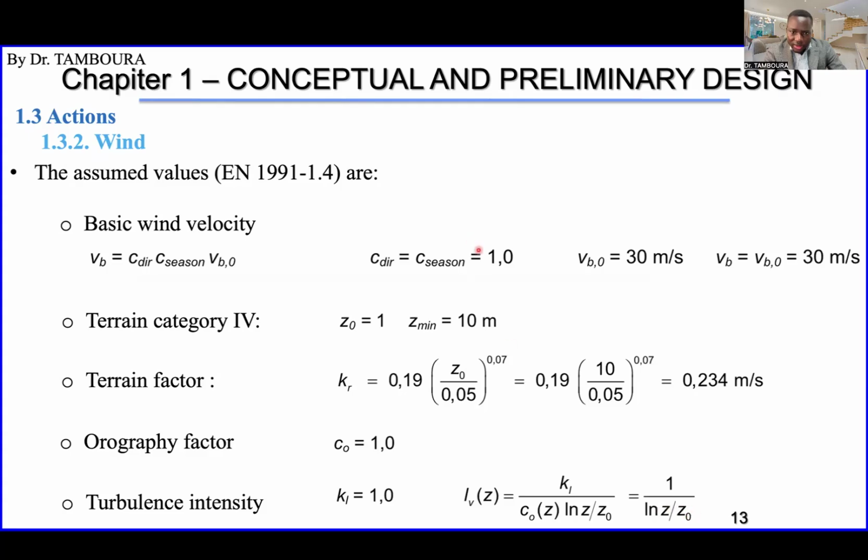This Z0 is here, and the Z is just the height when you go up. So now we have this C0 and we have this Iv, turbulence intensity. This value is a given value.